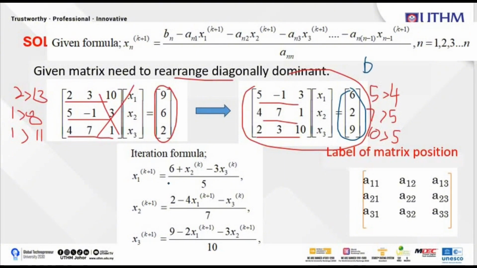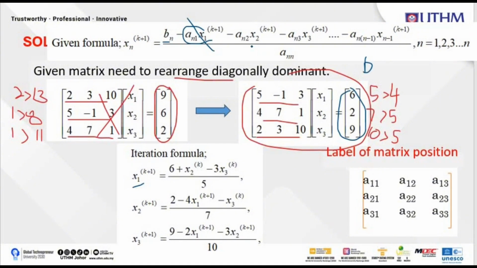That's why we start with 6, which is this one. Next one is x1. For the iteration formula for x1, we neglect this one, because this one is x1.